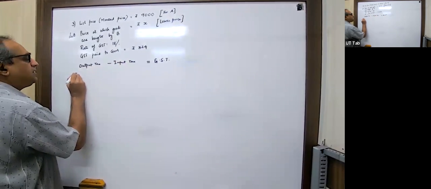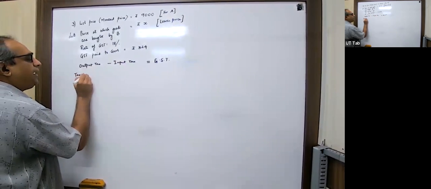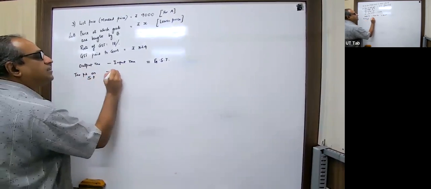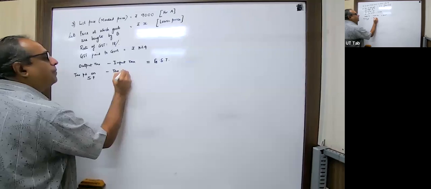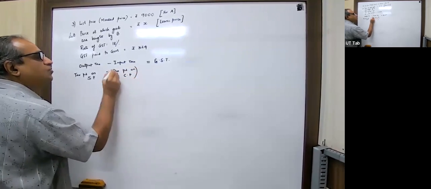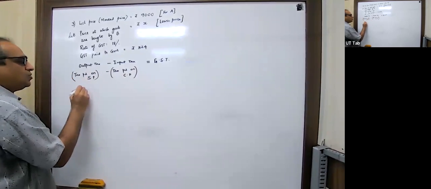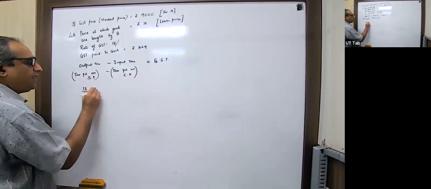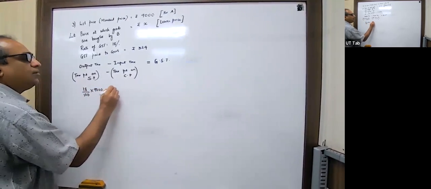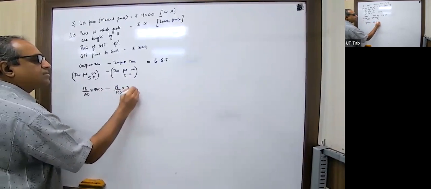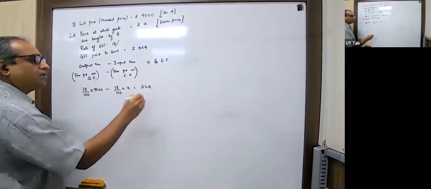This is the tax paid on selling price. This is the tax paid on my cost price. Yes or no? Now 18% of 9,000 minus 18% of X is 324.